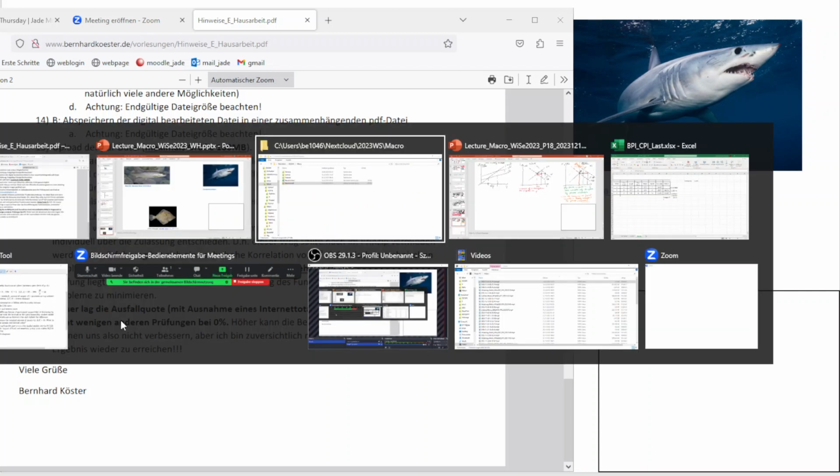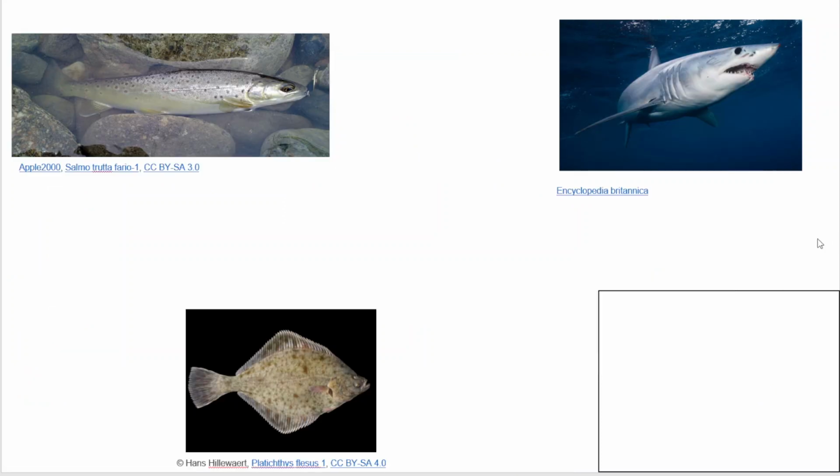And then what is this about? This is a shark. And what does this have to do with macroeconomics? This is a saltwater fish. And what is this?